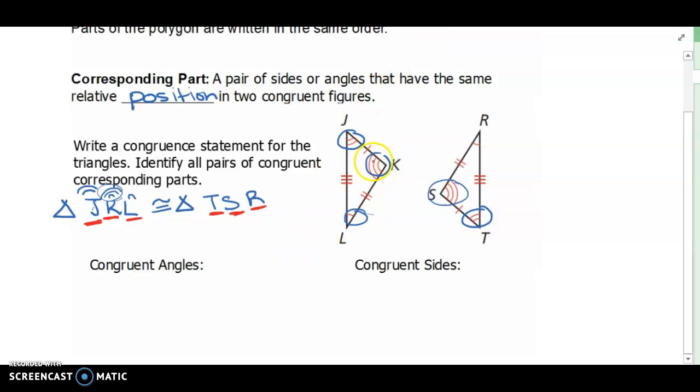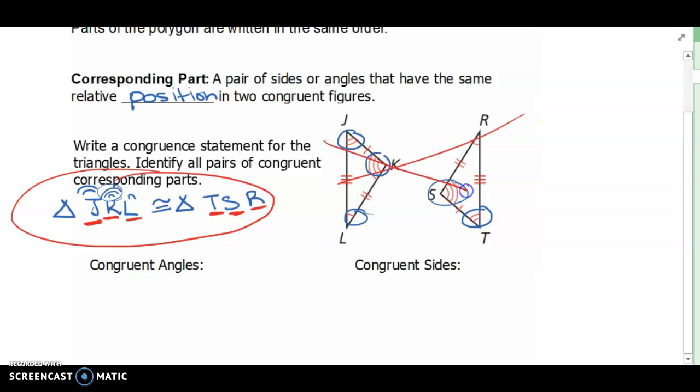So when I'm asked for congruent angles, guys, after I get this, I don't even need this anymore. My congruent angles can come straight from here. First and first, angle J is congruent to angle T. Second and second, angle K is congruent to angle S, and last, angle L is congruent to angle R. Now over here, congruent sides, it's the same thing, guys.